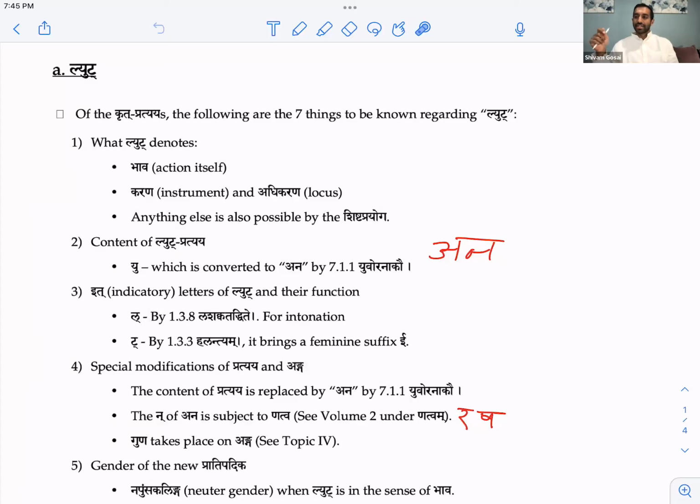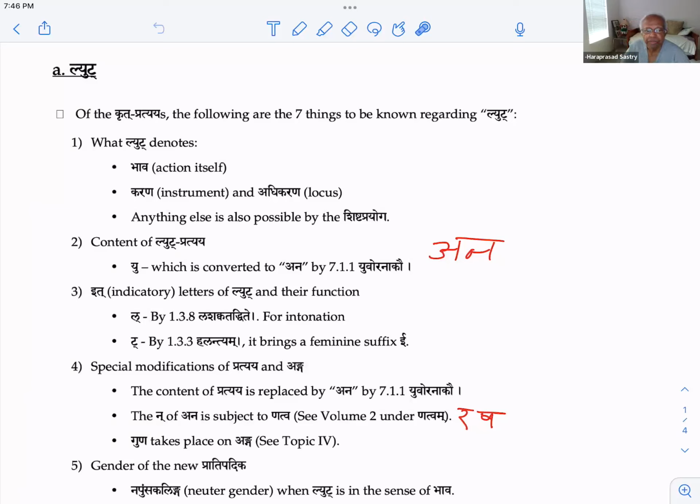So I can say Ramaha, or I just say Rama, because the pratipadika is Rama, but the 1-1 is Rama. So when I'm referring to it, I can use either. We can use those in the language.